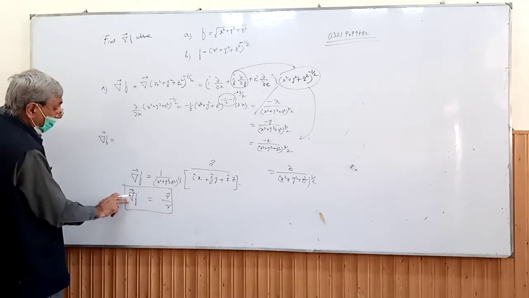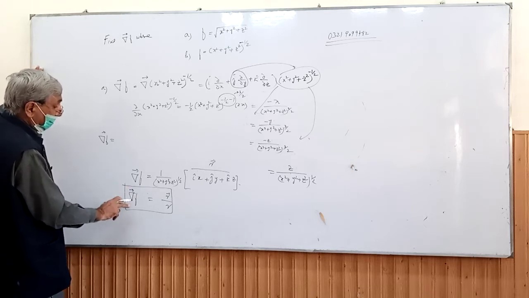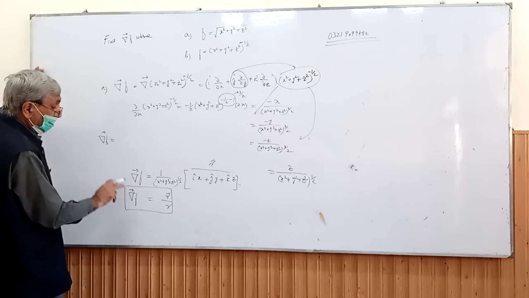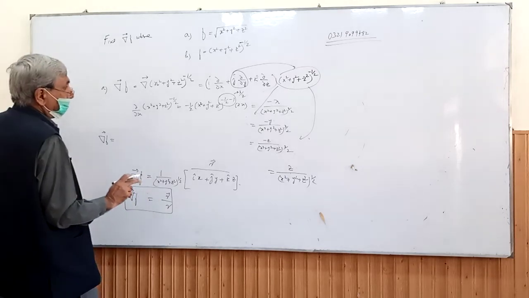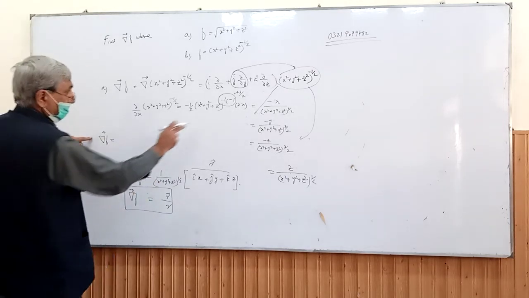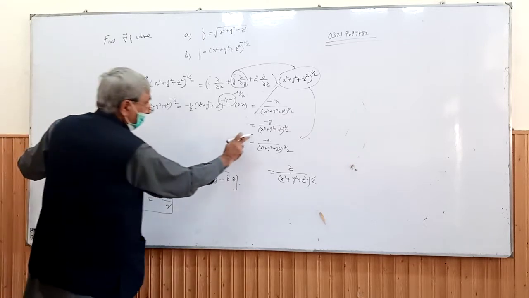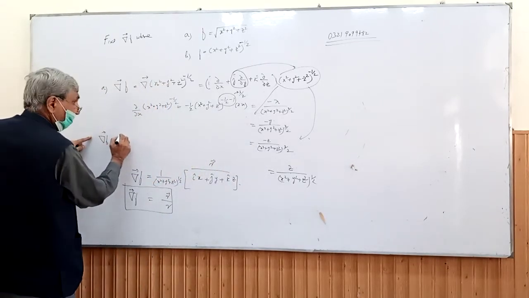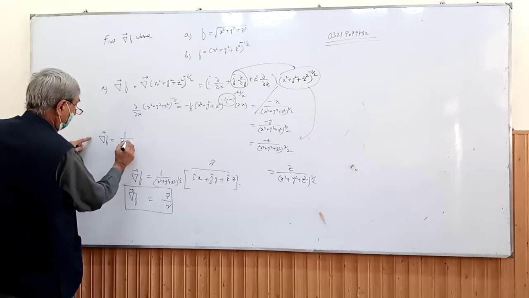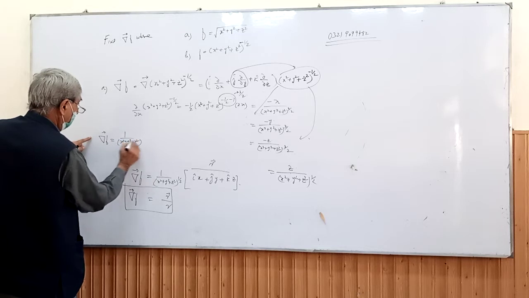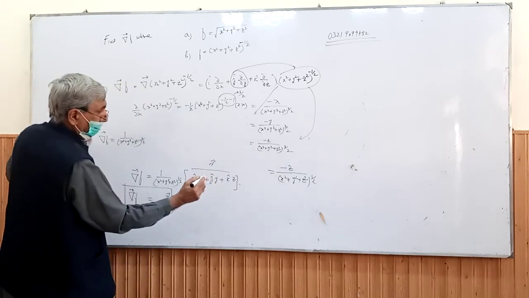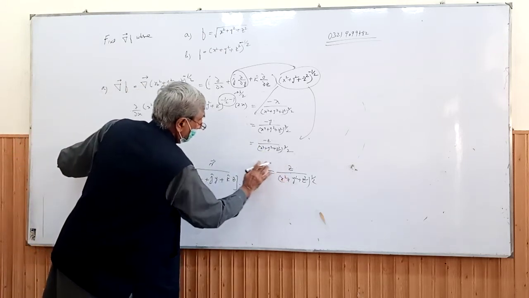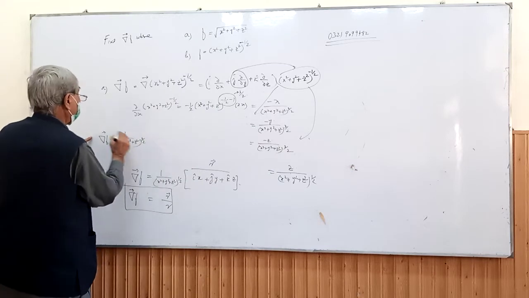I told you last time in the class that del f is the gradient of f, and it represents a normal to the surface, and therefore this is the normal n. Now, in this second case, again this thing is common. This is minus 1 over (x square plus y square plus z square) to the power 3 by 2, and minus is common.